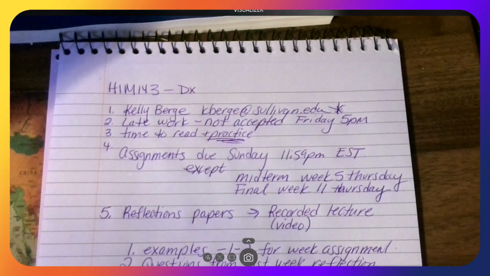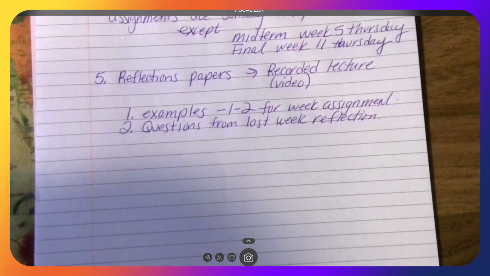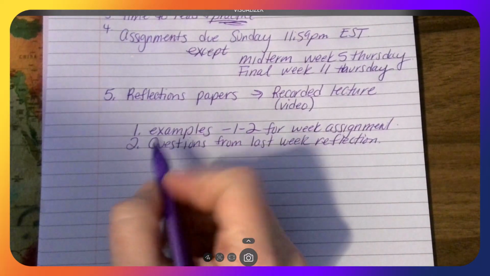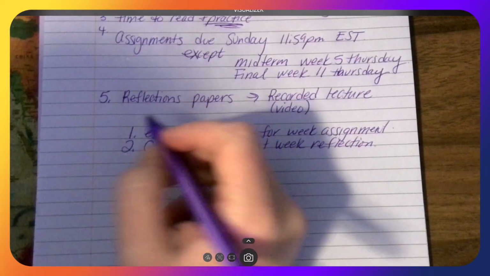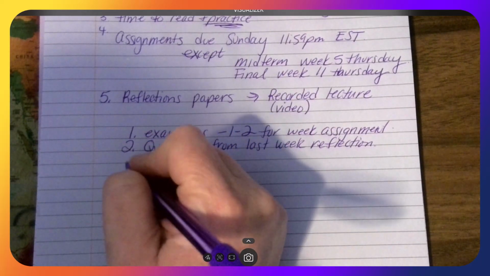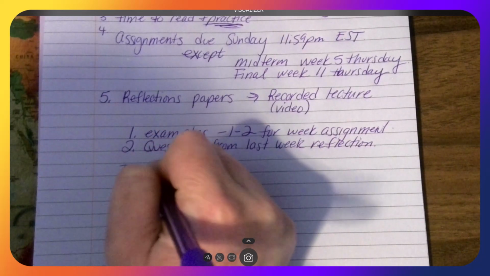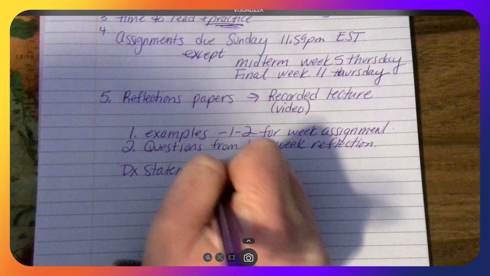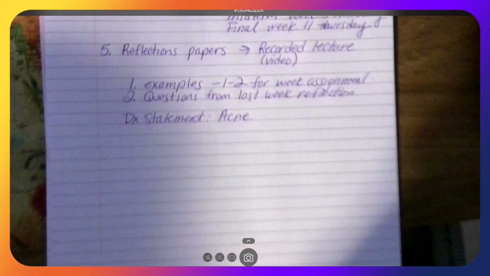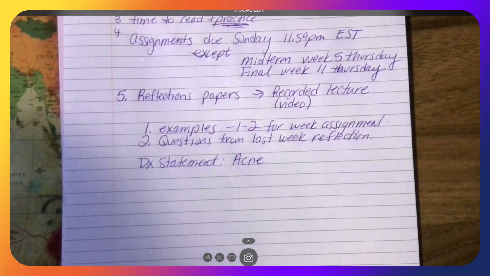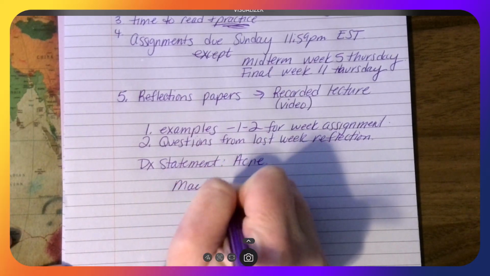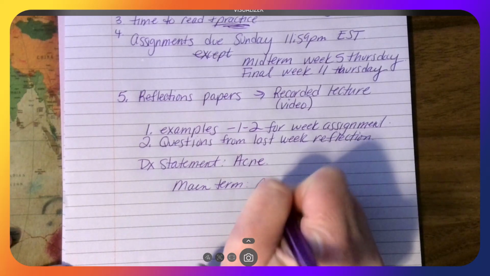So if you are looking for more examples, you'll add that to your reflection paper. You'll put in, I don't know, diagnostic statement of acne. There is a form that we'll go over where I want you to provide me with the main term that you looked up, the page number.